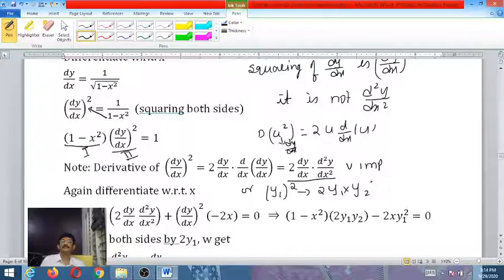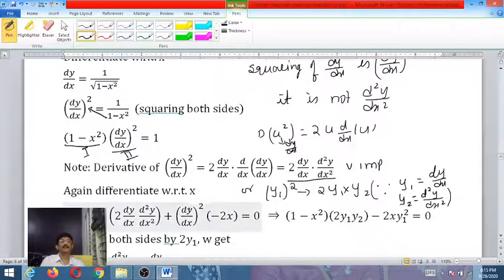This is because y1 is nothing but dy by dx, y2 is nothing but d square y by dx square. So dy by dx can also be written as y1, and d square y by dx square can also be written as y2.